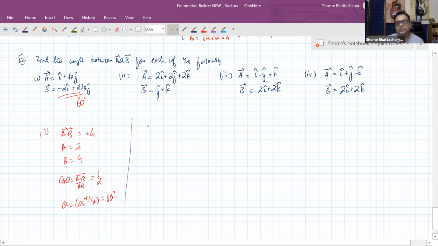Similarly, now the second one, you can see that A dot B will come out to be 0 plus 2 plus 2. That's 4. Magnitude of A is 2 root 3 and magnitude of B is root 2.